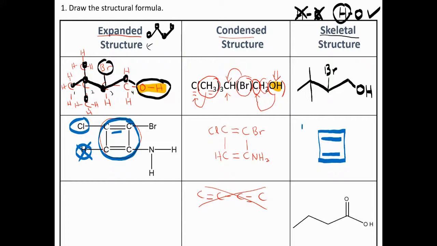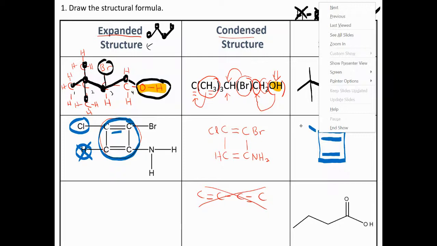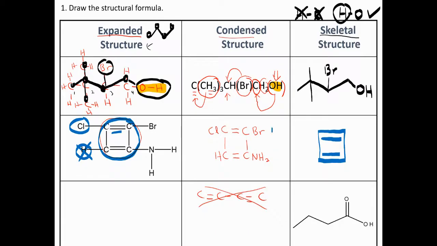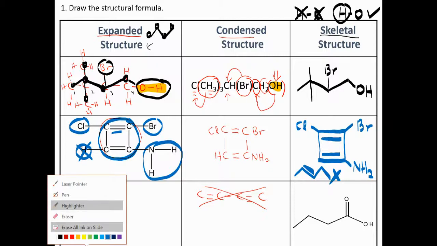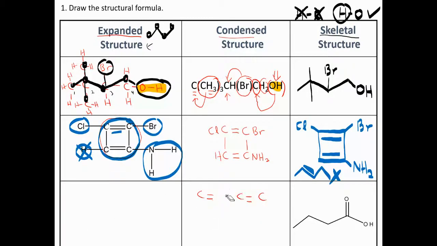Here we have chlorine, so you have to draw a line and show chlorine. Bromine, Br, and then NH2. So this is the skeletal structure for cyclic. It is a ring. We do not break it up. That's wrong. Now let's continue with the rest.